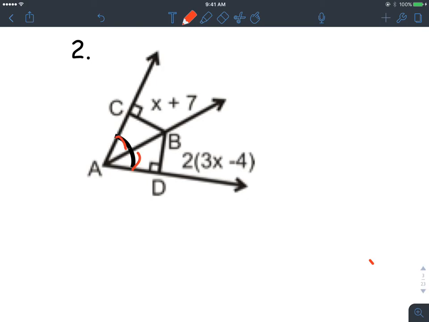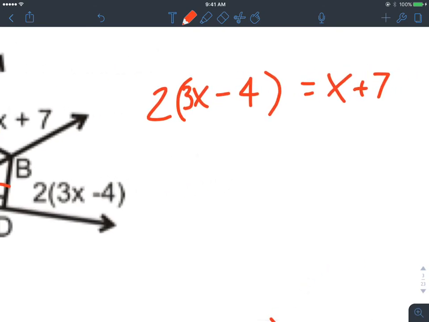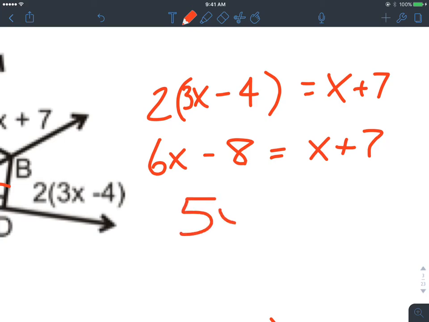Notice we've got an angle bisector, therefore these two segments must be the same. Oh, whoops. So something like 6x minus 8 equals x plus 7. Subtract over the x, that's 5x. Add the 8, that's 15.